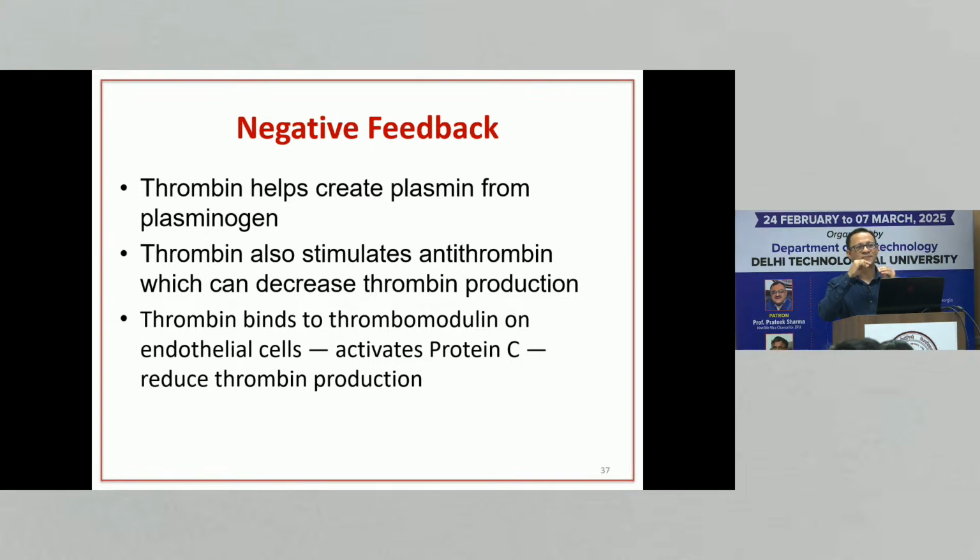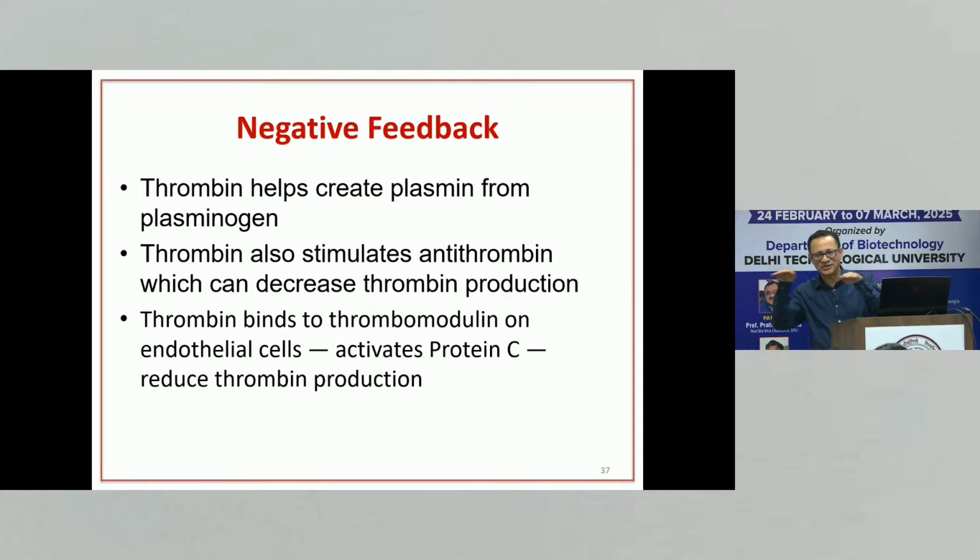So it's so cool. Thrombin is activating protein C, which is actually hurting thrombin production. These are the feedback loops that the clotting cascade has to slow down clotting slowly, so that it doesn't keep going on and on and on.